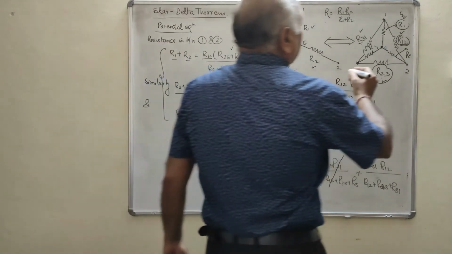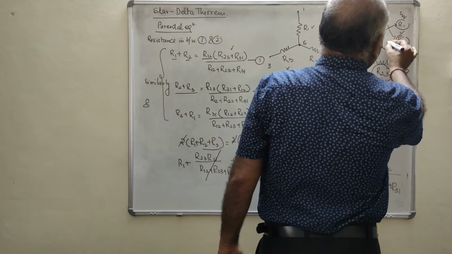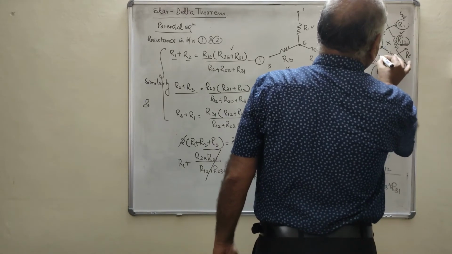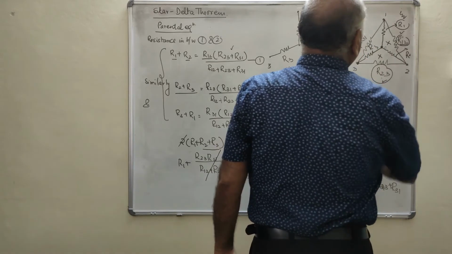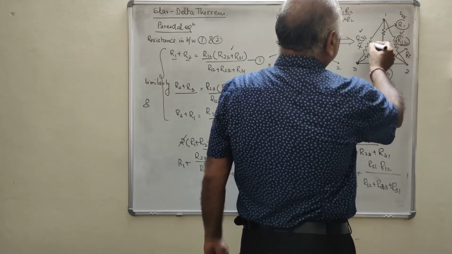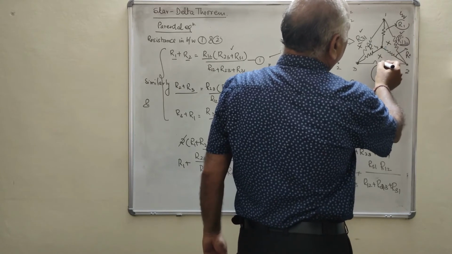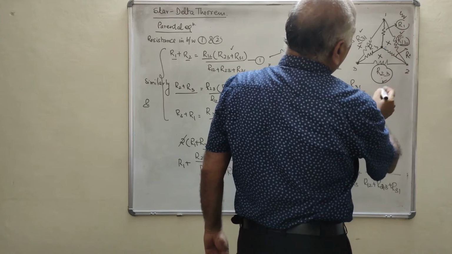Now you will see, say this R12, this is X, this is X, and this is X. That means a delta connection of X, X, X. Now we have to convert it into the star connection. Then what will happen?